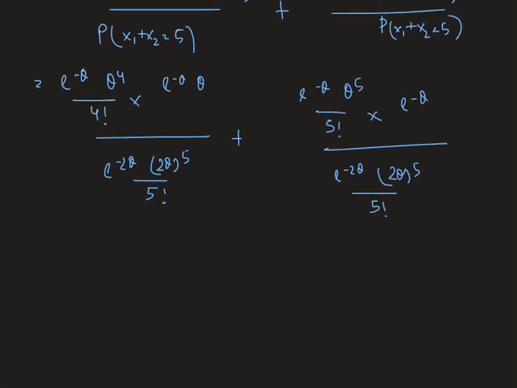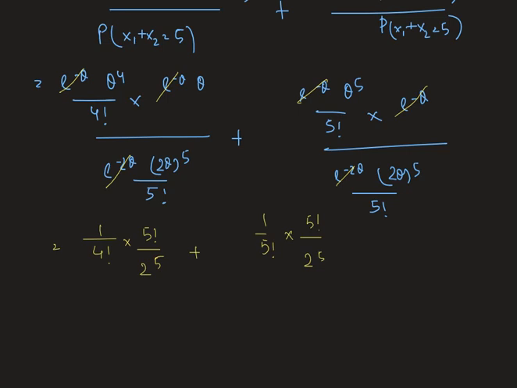So here e to the power minus theta cancels out and we just get 1 by 4 factorial multiplied by 5 factorial divided by 2 to the power 5, and here we get 1 by 5 factorial multiplied by 5 factorial divided by 2 to the power 5.